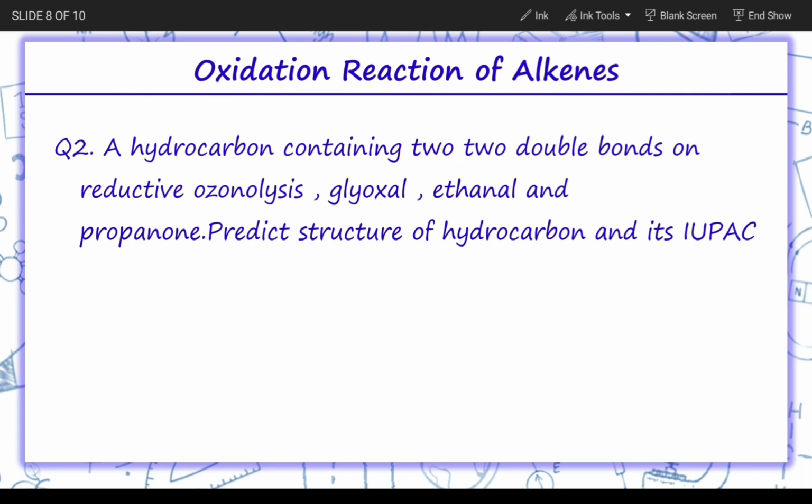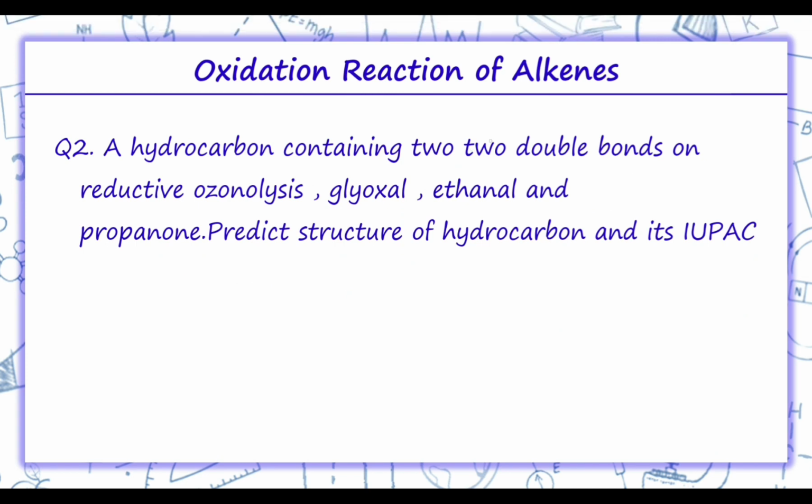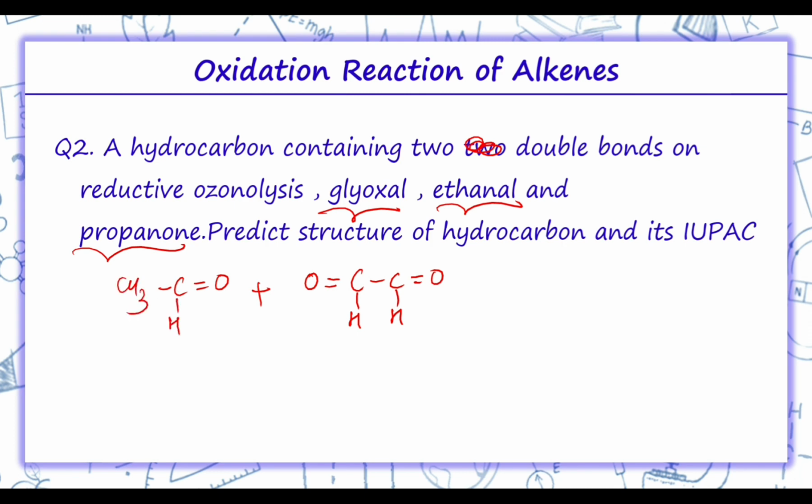Moving on to the next question. A hydrocarbon contains 2 double bonds, and on reductive ozonolysis it gives glyoxal, ethanal, and propanone. Now glyoxal is CHO-CHO. So we get this glyoxal, and we are getting ethanal, which is CHOCH3, and propanone, which is CH3COCH3.